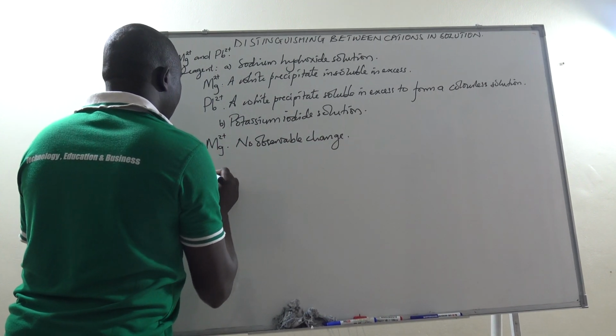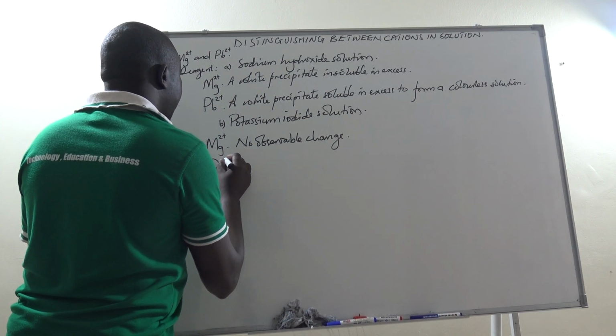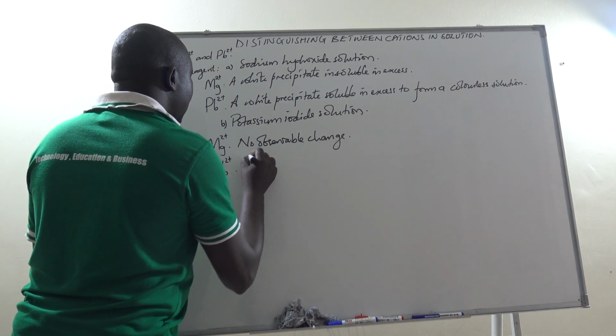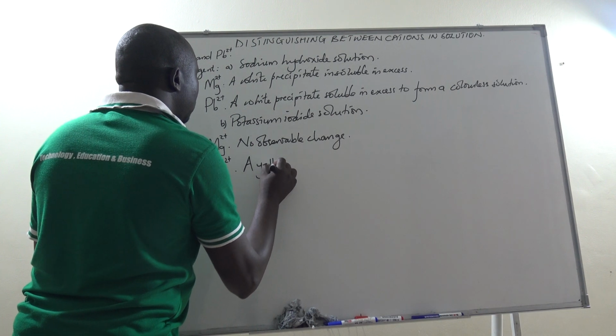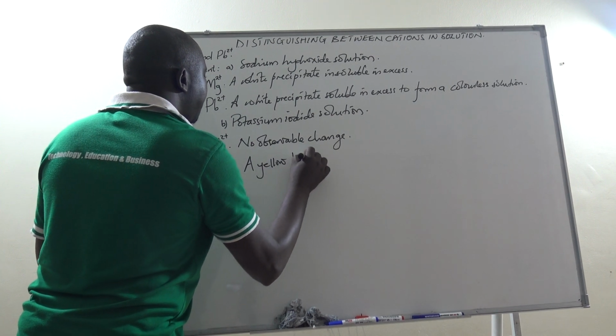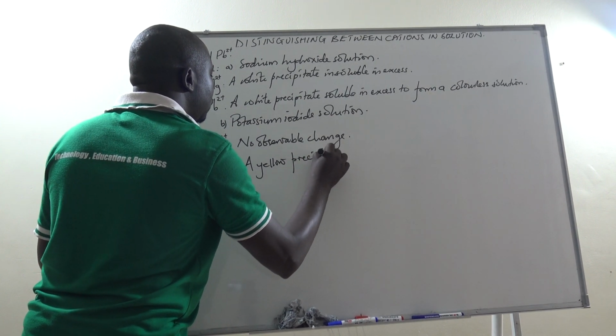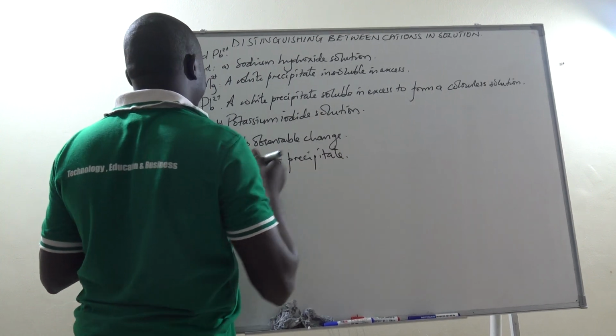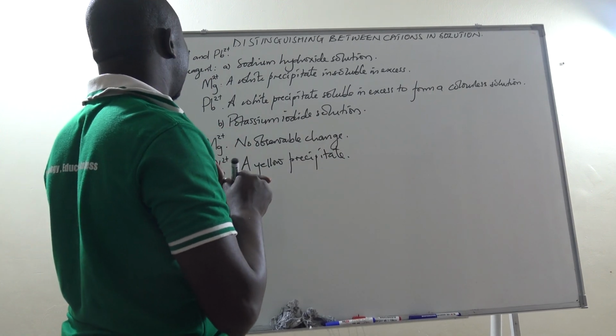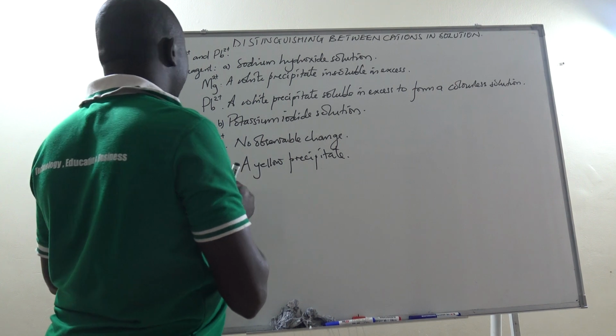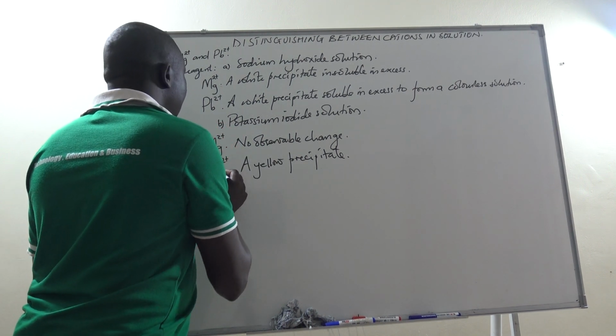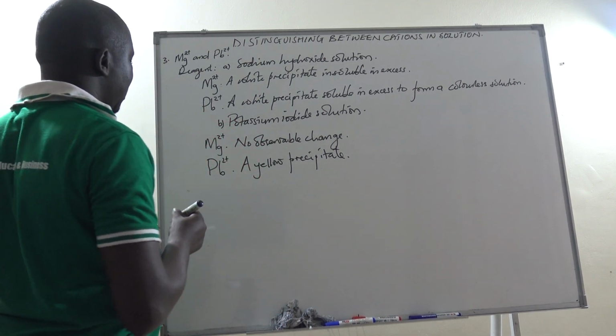And then the lead 2 ion, we expect it to give us, as we have seen, a yellow precipitate. So it is a confirmatory reagent for lead 2 ion, and we can use it for distinguishing between lead 2 ion and magnesium ion.